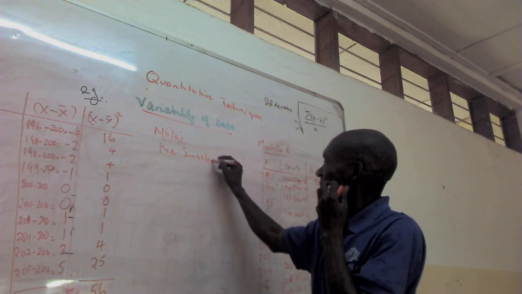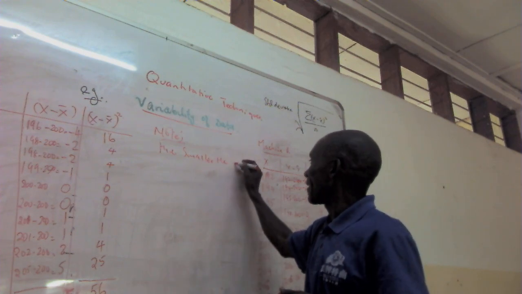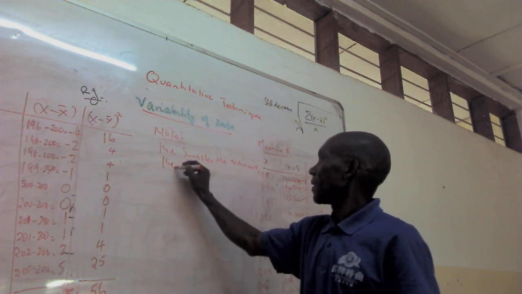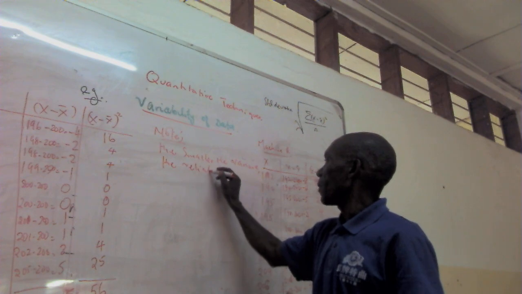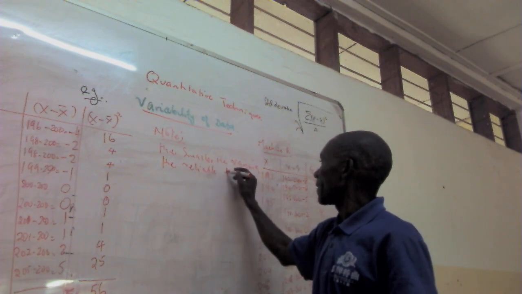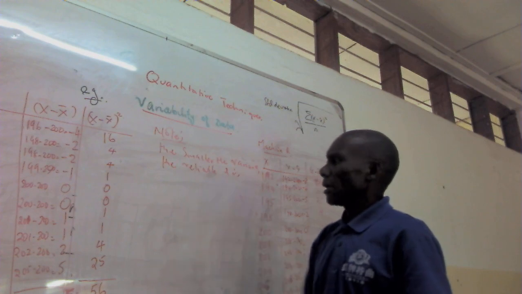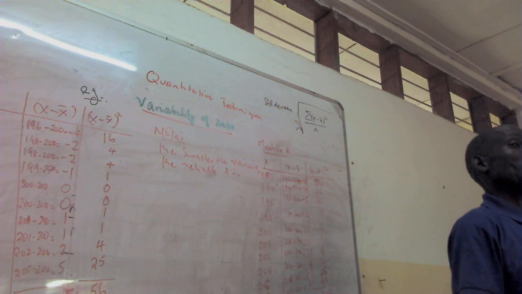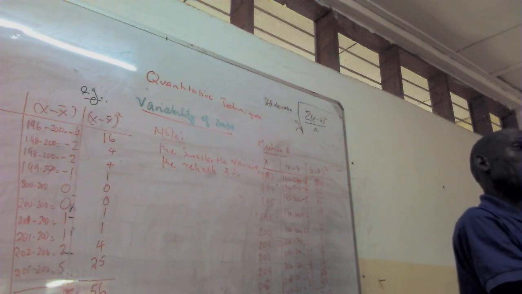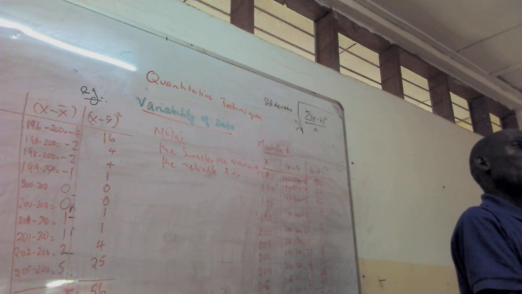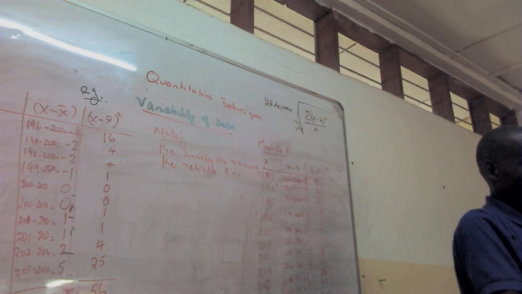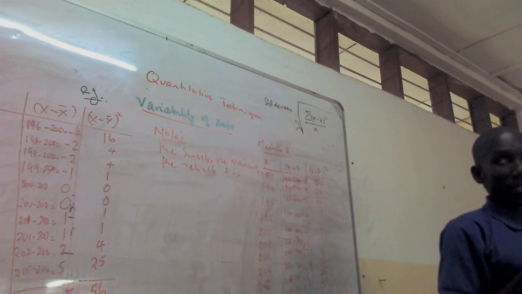The smaller the variance, the more reliable it is. Which machine has a small variance or standard deviation? That machine is very reliable. Which machine is reliable? Machine A.